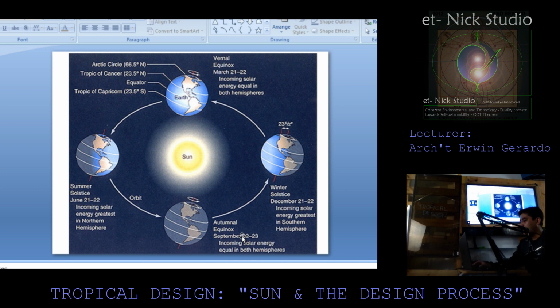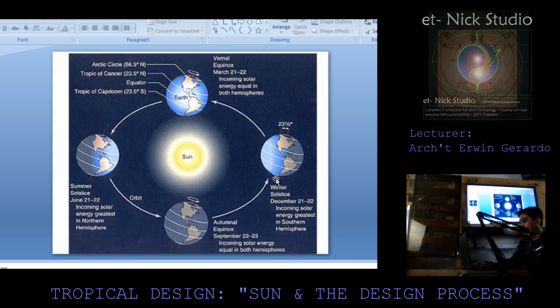So during winter solstice, the month considered here is December 21 and December 22. The incoming solar energy is greatest in southern hemisphere. So take note that the Earth is inclined approximately 23 degrees and 1/2 minute.